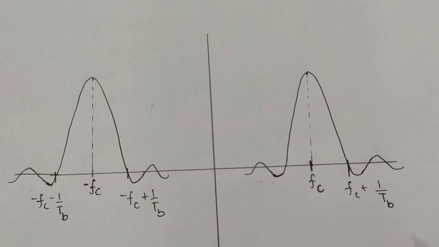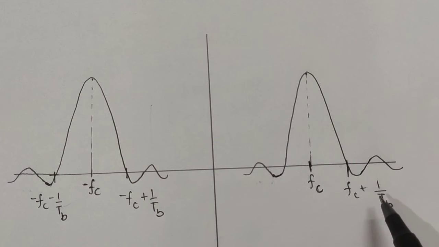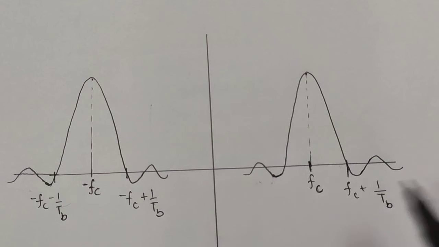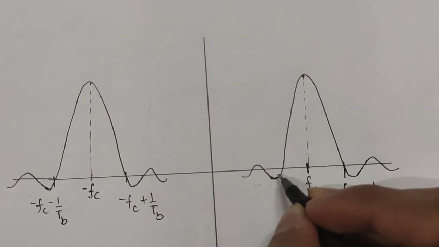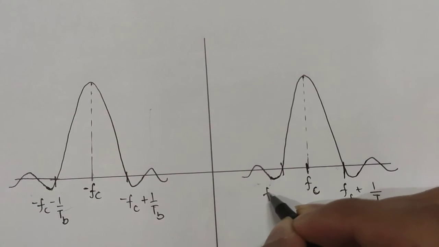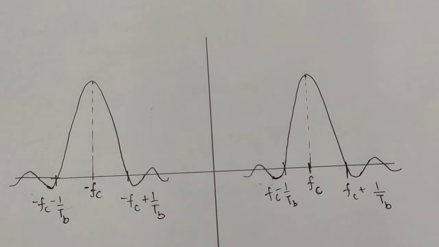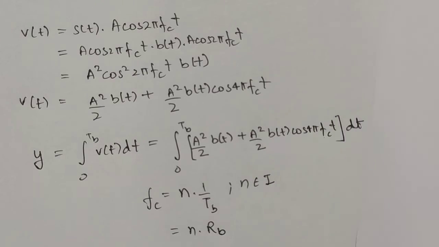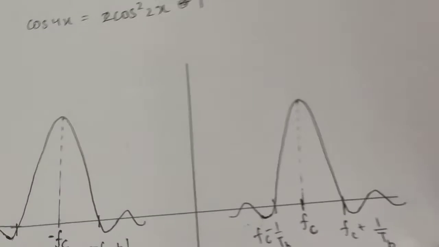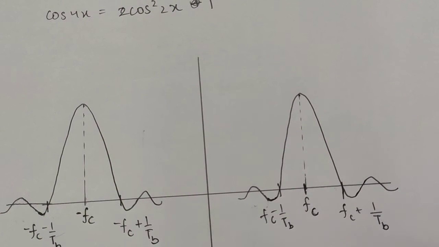This was the result which we got when we did the Fourier transform of our ASK equation. This was the carrier frequency, this will be fc plus 1 by Tb, and this was fc minus 1 upon Tb. And here we are saying that fc is n times Rb, and 1 upon Tb is Rb.